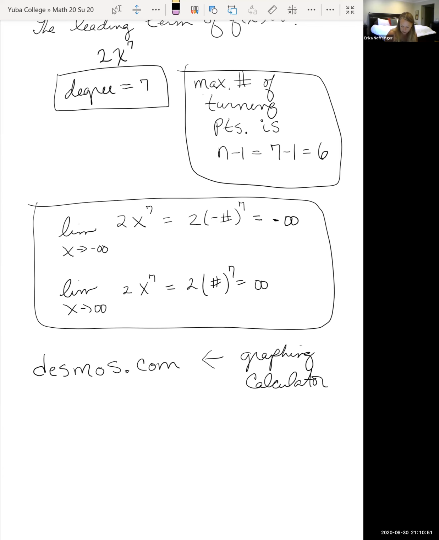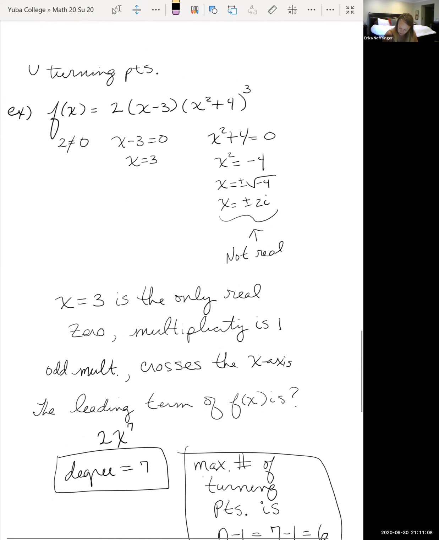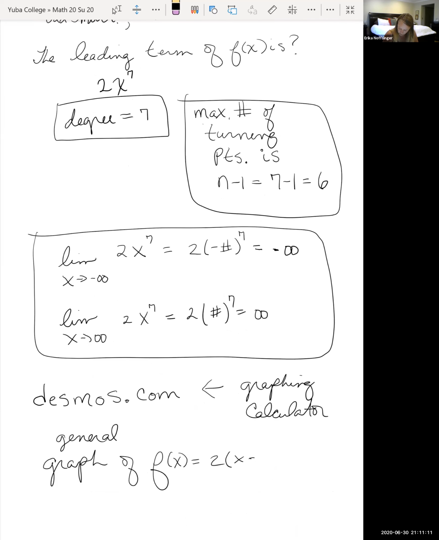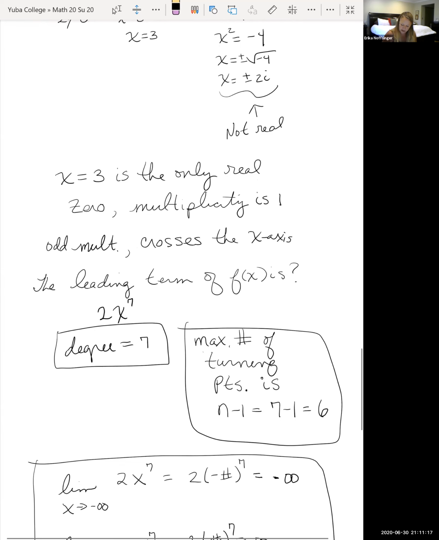But anyways, let's look at the general graph. That f of x equals, what was it, x minus 3, times x squared plus 4, cubed.